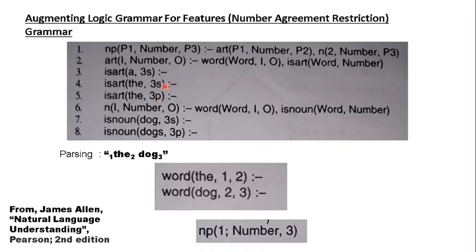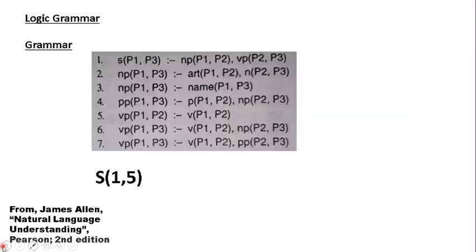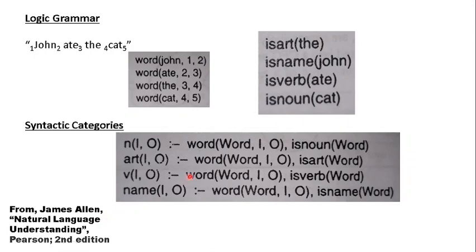Then, coming to the syntactic categories, see rule number 2, which is the representation of an article. Here we have introduced a variable, number, along with the positional indicators I and O. In the earlier case, the syntactic categories just had positional indicators and a variable to indicate the lexical unit which stood for that syntactic category.